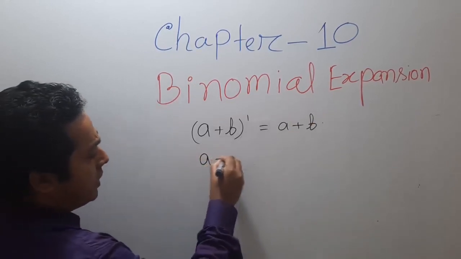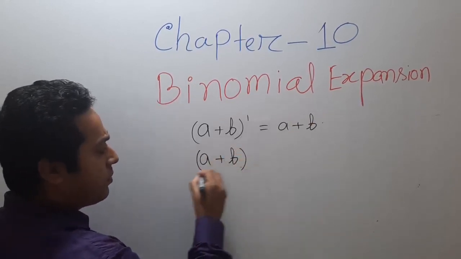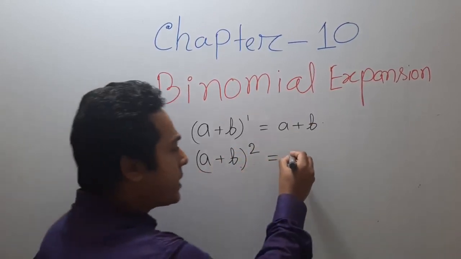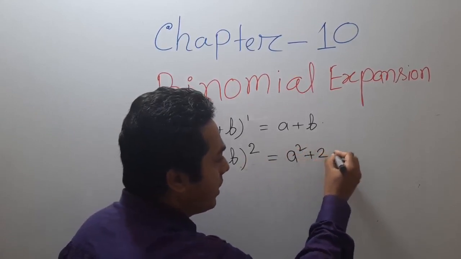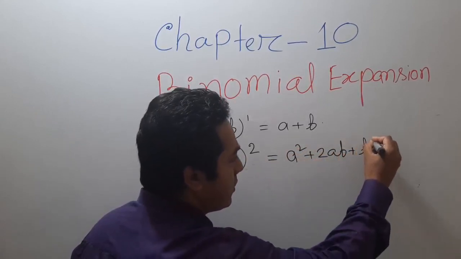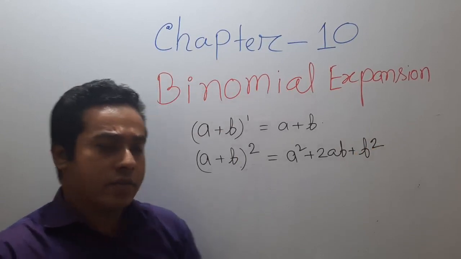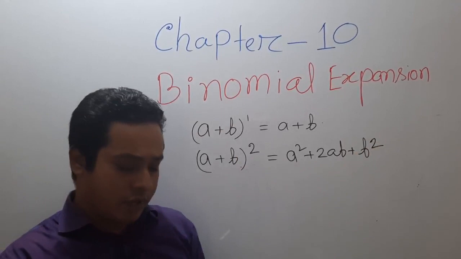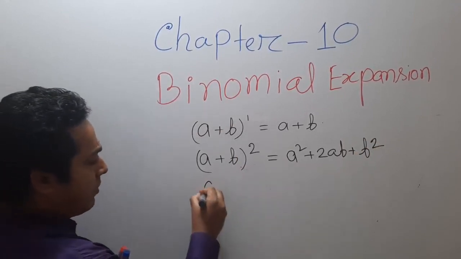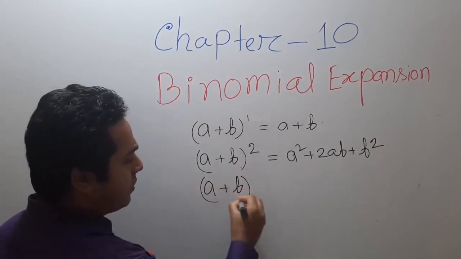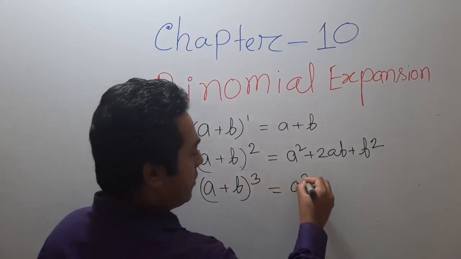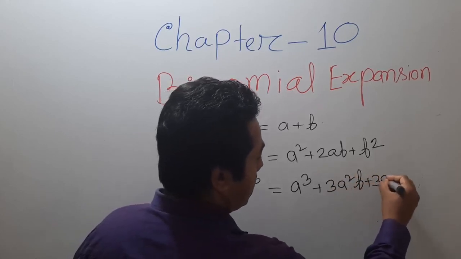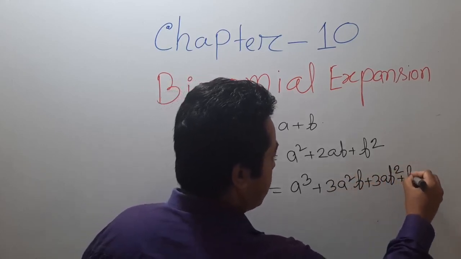If the degree of the binomial term is 2, then (a plus b) whole square is equal to a square plus 2ab plus b square. This is the binomial term, and this is its expansion, because we already know the expansion. If the binomial term is (a plus b) whole cube, then it is a cube plus 3a square b plus 3a b square plus b cube.